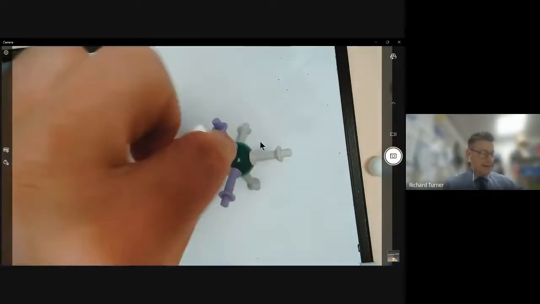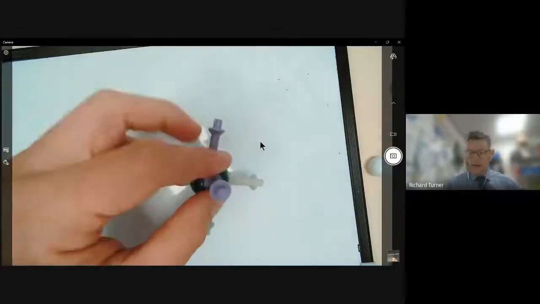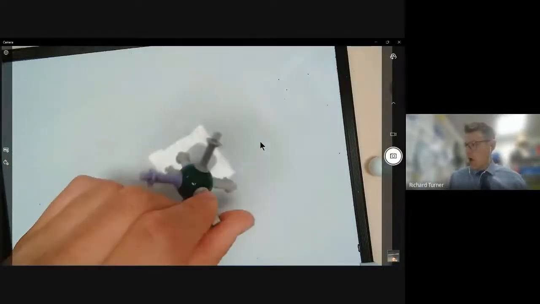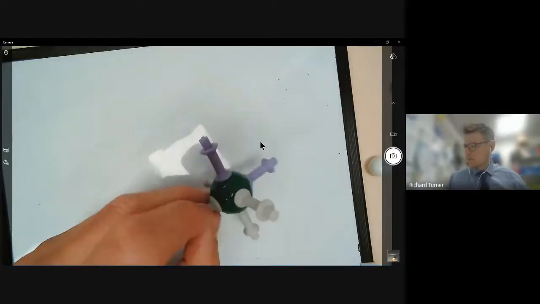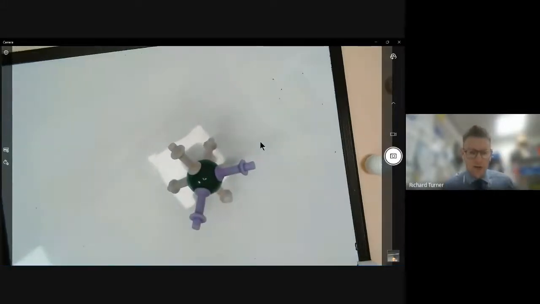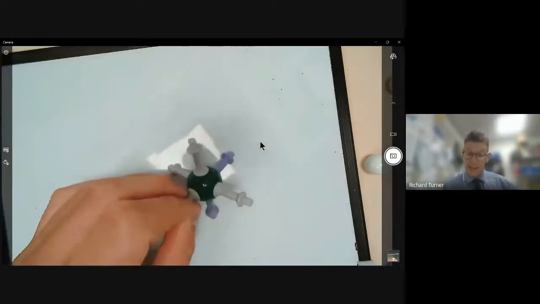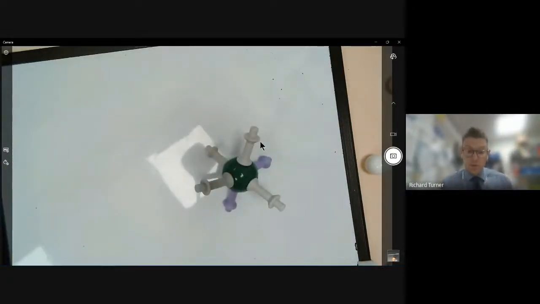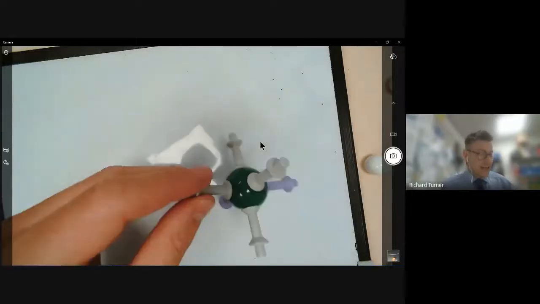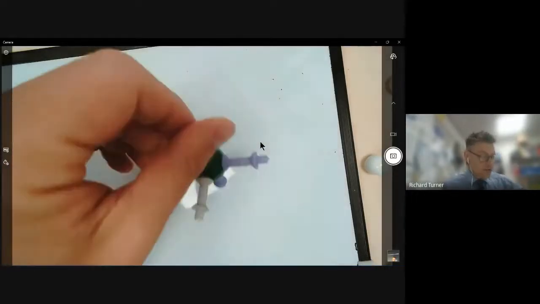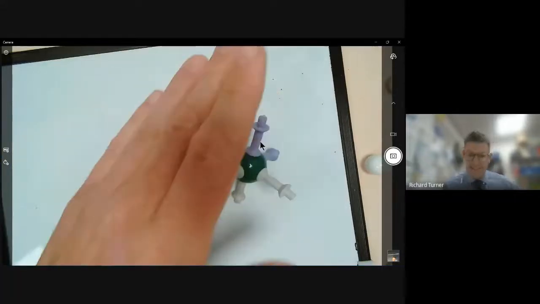We have an equal bond angle as before of 90 degrees between each of them. And you might be saying, well, why is it called an octahedral? It's got 6, but when we're thinking about the shapes of the molecules, it actually has 8 sides. This is an octahedral, so it's got 8 faces.